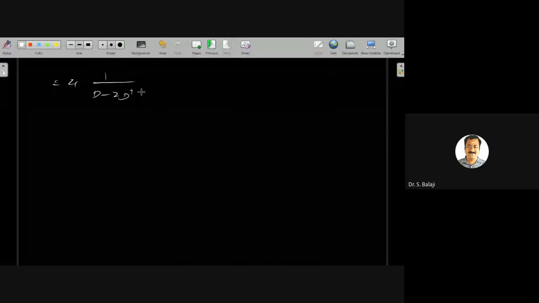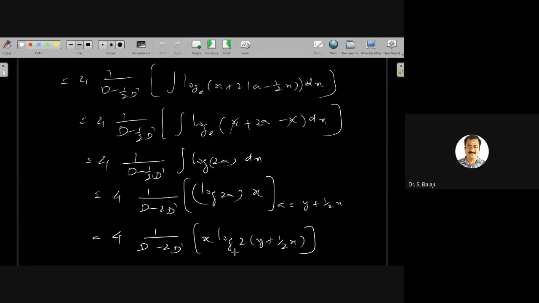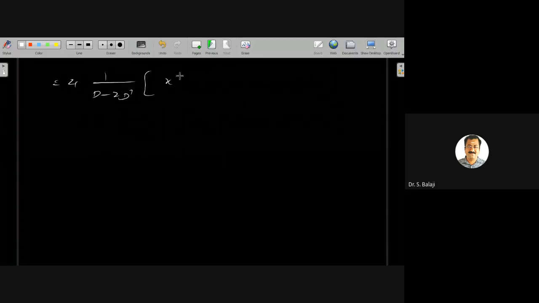For 4 times 1 by D minus 2D dash of x log of 2y plus x, when you operate this one, you integrate x log of 2y plus x with respect to x. What is the factor?